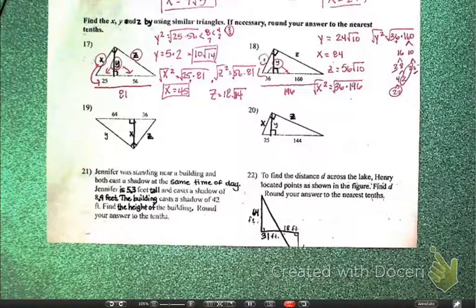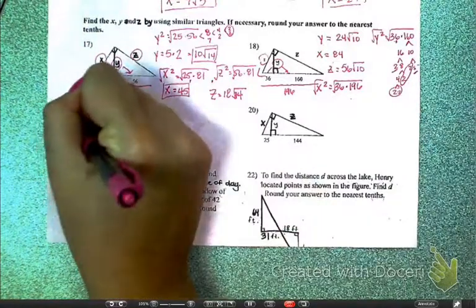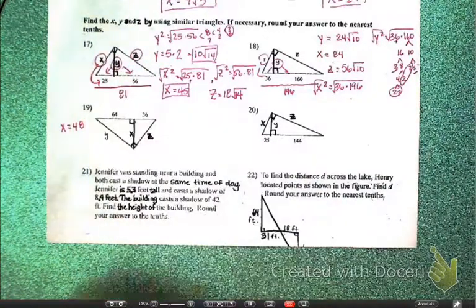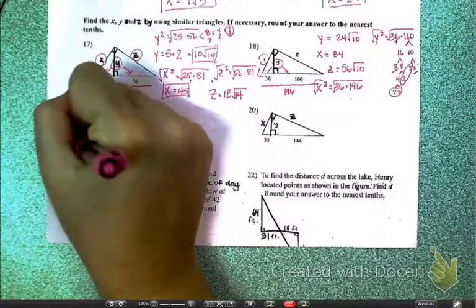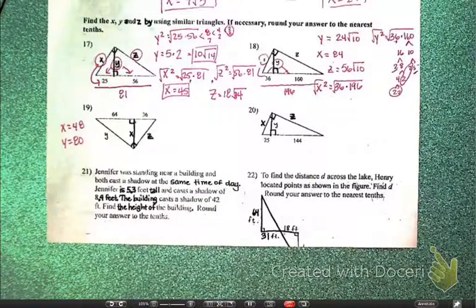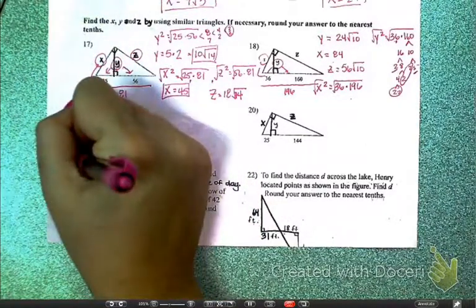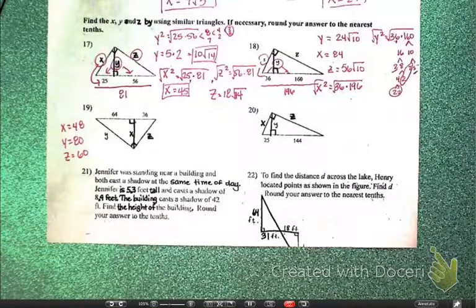For number 19, you should have gotten x equals 48, y equals 80, and z equals 60. 48, 80, and 60.